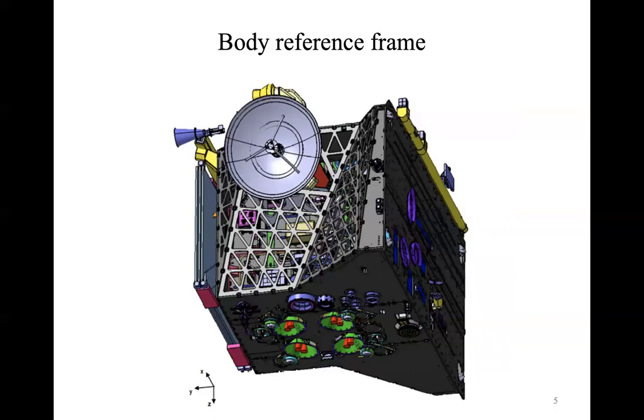Why do we need that? Because we need to know the moments of inertia of the spacecraft. So the body reference frame is fundamental because it will definitely provide an easier representation of the dynamical equations.